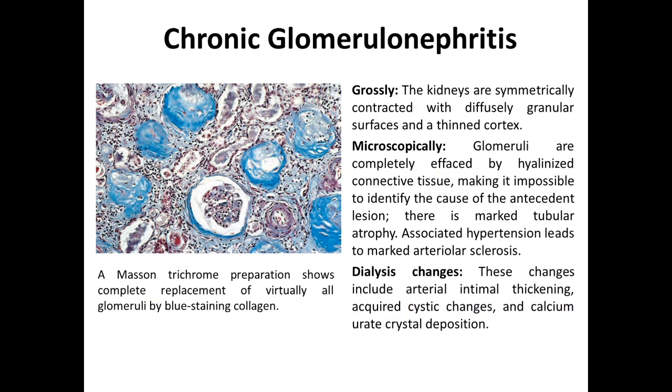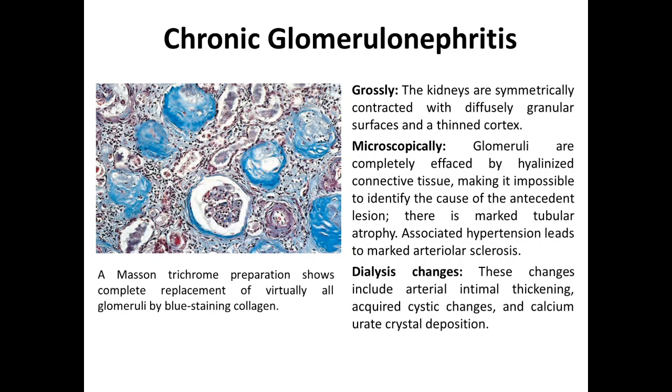Chronic glomerulonephritis, guys, under the Masson-Goldner preparation, shows complete replacement of virtually all glomeruli by blue staining collagen. Grossly, the kidneys are symmetrically contracted with diffusely granular surfaces and thin cortex. Microscopically, glomeruli are completely effaced by hyalinized connective tissue, which makes it impossible to identify the cause of the initial lesion.